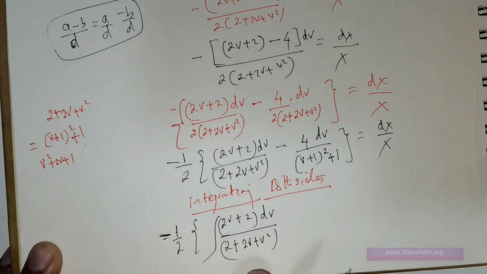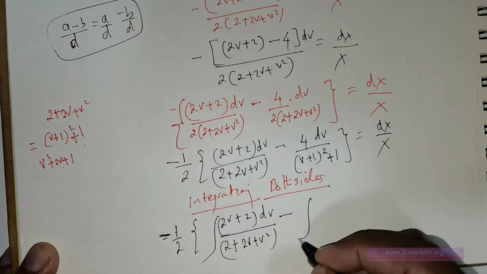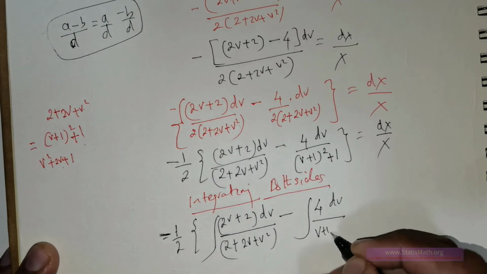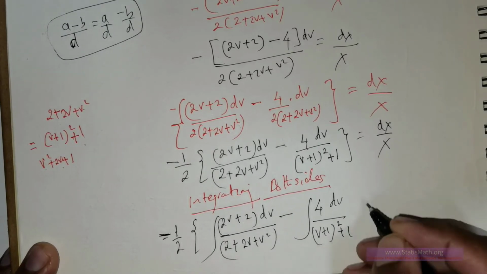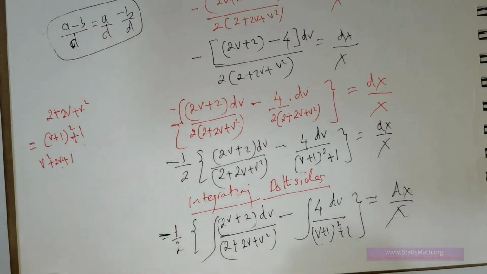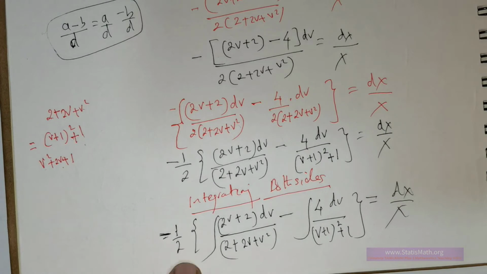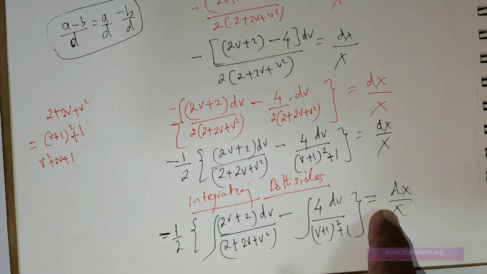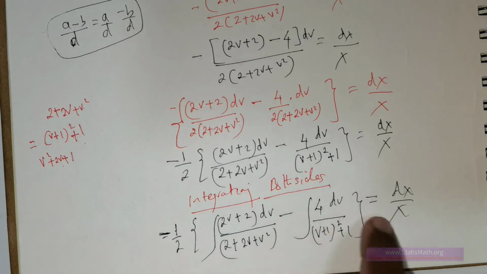This is one integration, followed by negative integral of 4 times dv divided by (v plus 1) whole squared plus 1. This is the second integration, equal to dx over x. In fact, I could have moved this 1 over 2 to the right. That would have been much better, but it doesn't matter.